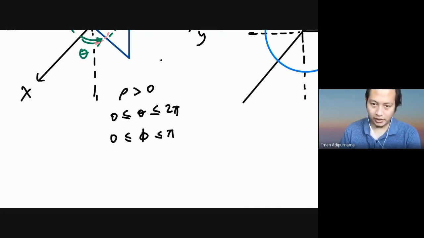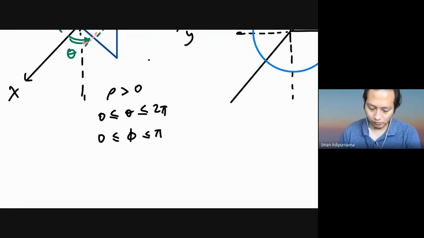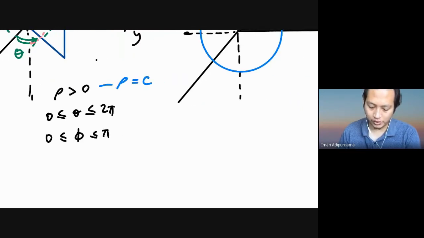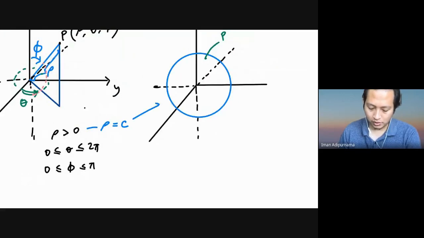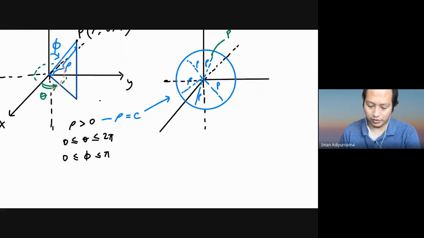And imagine if the radius is a constant, then of course this will be a sphere, right? With the same radius. Like this is rho. So everywhere on the surface is the same radius, right? Okay.